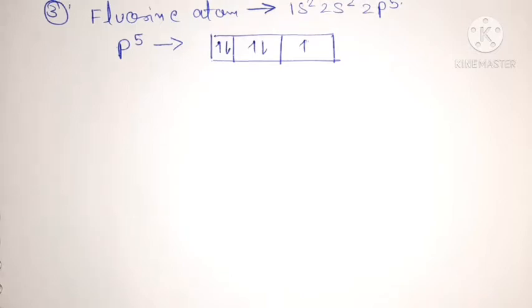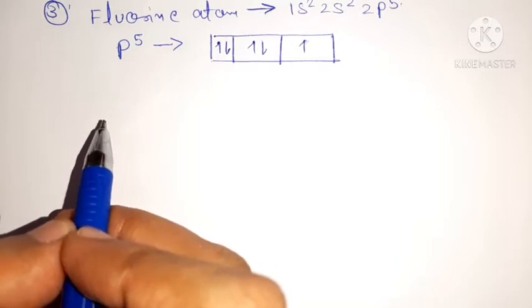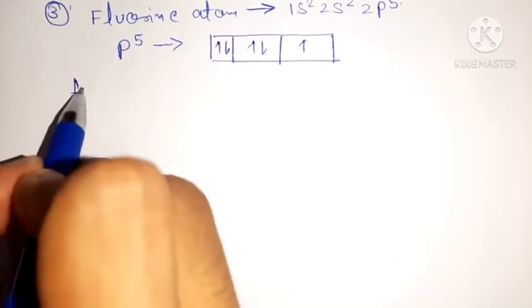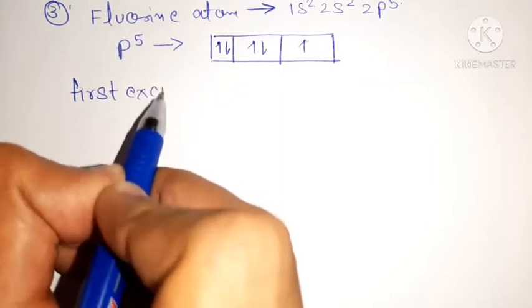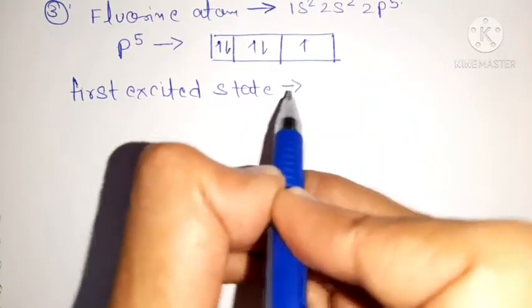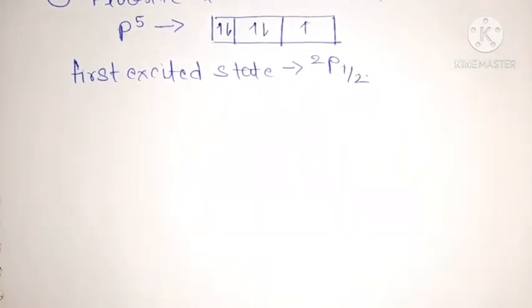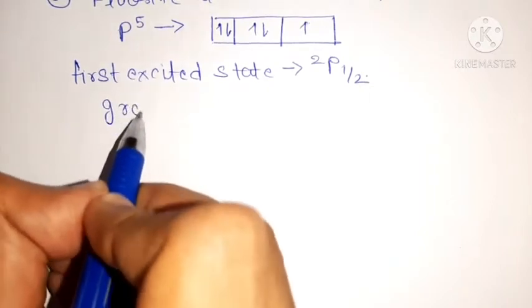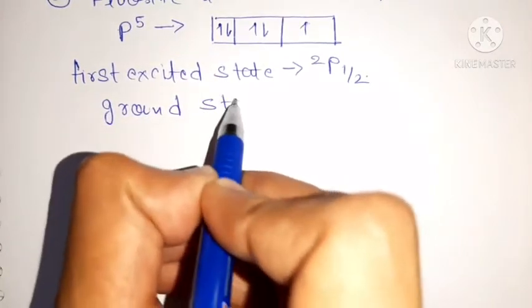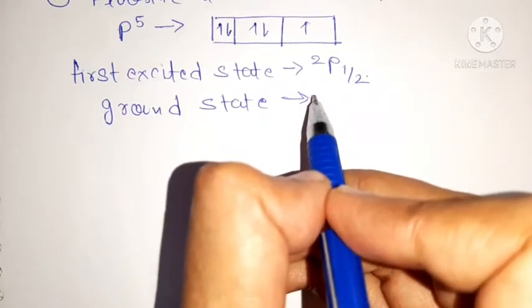Now we have 2 energy states. First of all, friends, we have the first excited state, that is 2P1/2, and we have the ground state, that is 2P3/2.